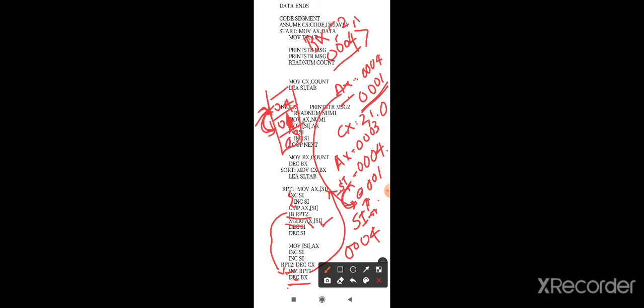So its value is now 1. Then BX value is non-zero. So it is non-zero, so jump to the location sort.